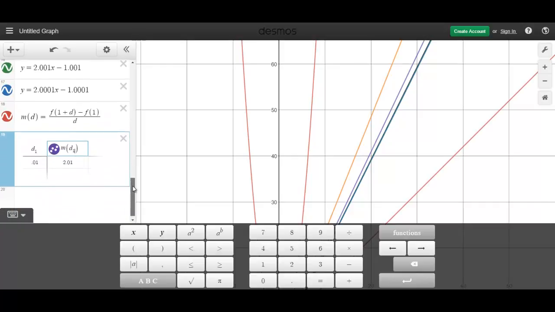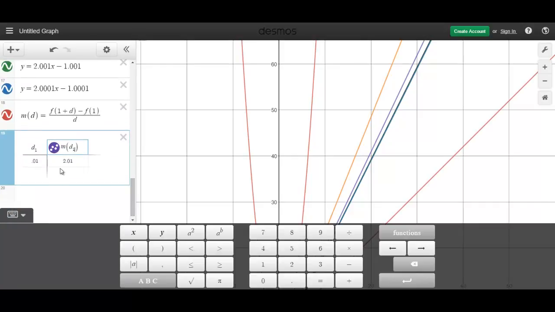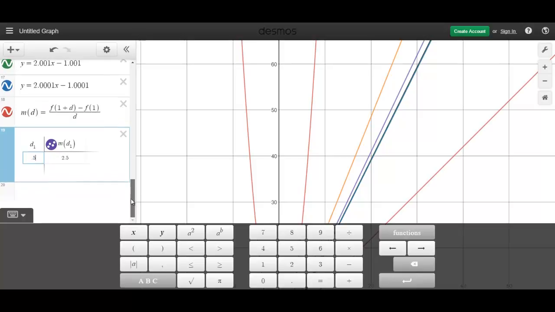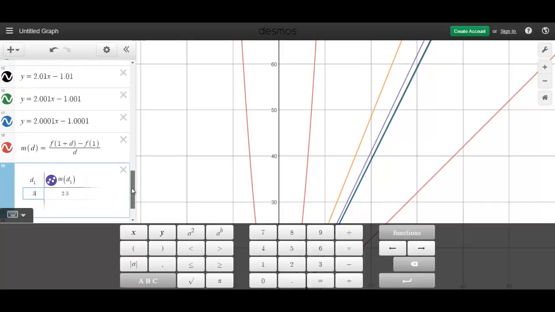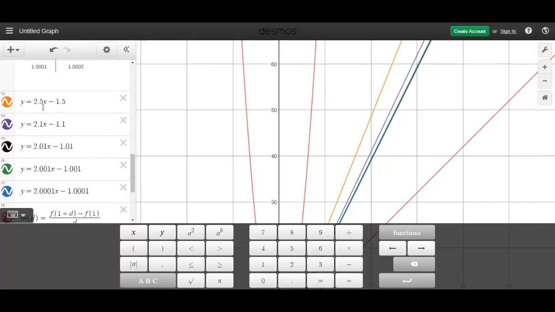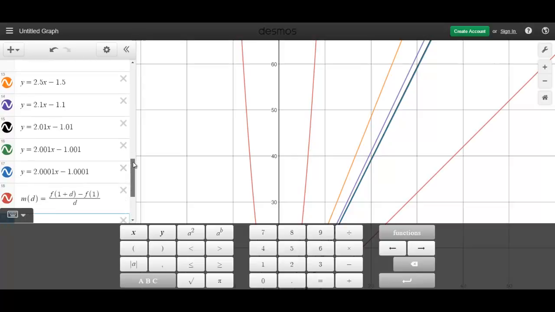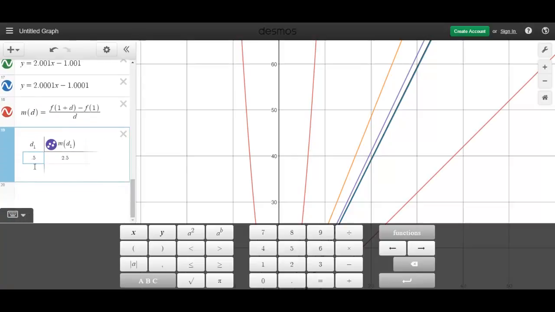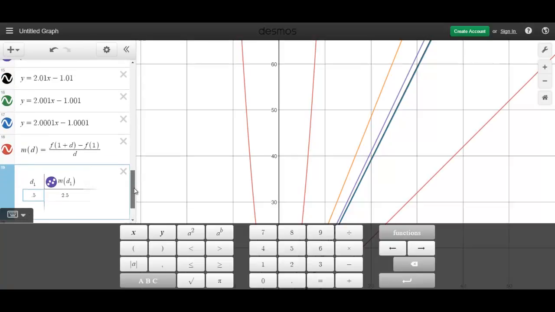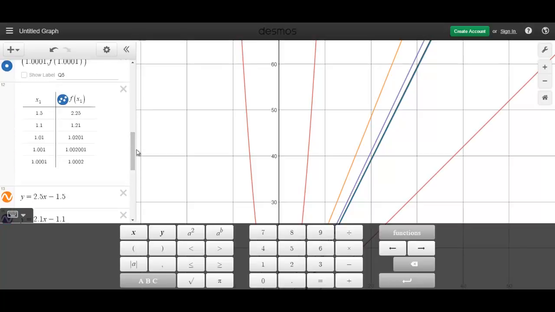Okay. So what we're doing here is showing you how the slope is changing. Now let's start a little higher. Let's say the change is 0.5. Does that look familiar? 0.5, that's our first slope. What if the distance between your x values, what was our second x value?